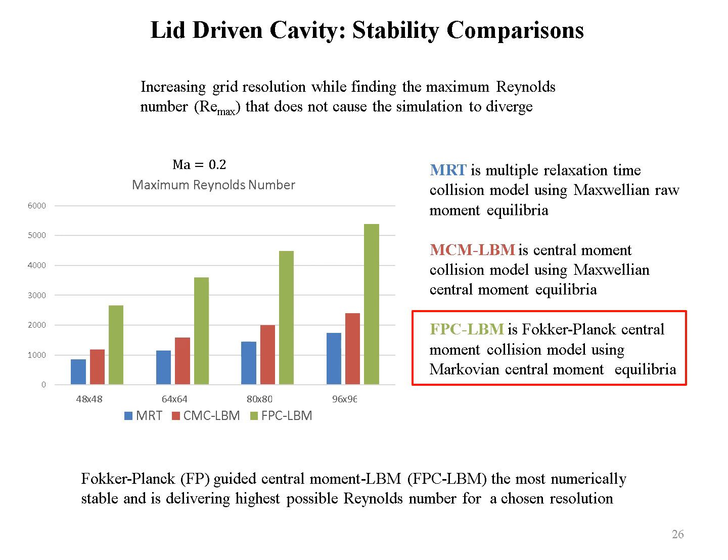For different grid sizes, we ramp up the Reynolds number up until the point where the simulation becomes unstable, and we note down the maximum Reynolds number that each model is able to simulate before it becomes unstable. And then we compare across the different collision models. What we find here is that the Fokker-Planck based collision model is able to reach much higher Reynolds numbers than the other two models.